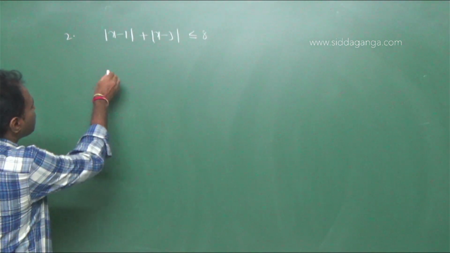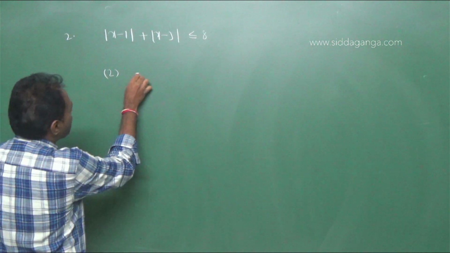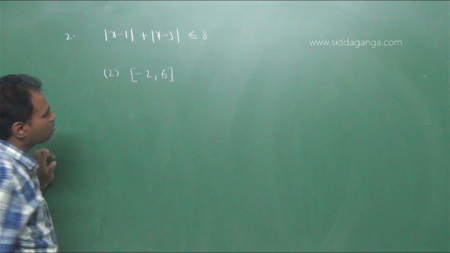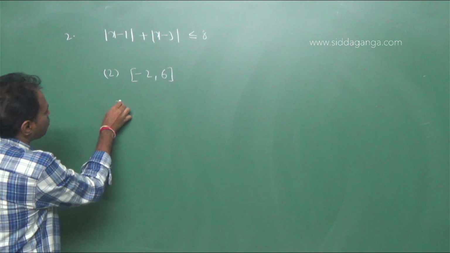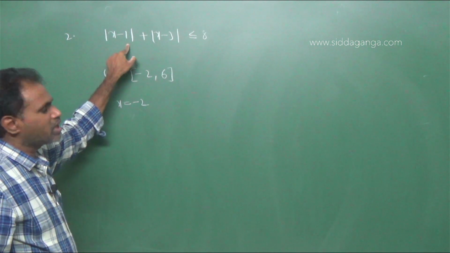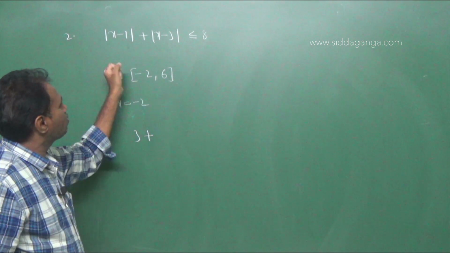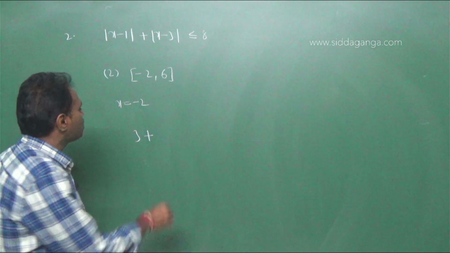The second option's interval is the closed interval [-2, 6]. Substitute x = -2 here: |-2 - 1| = |-3| = 3, plus |-2 - 3| = |-5| = 5.